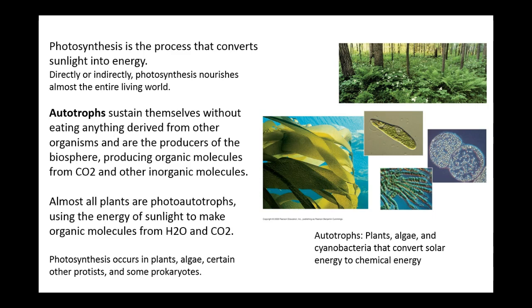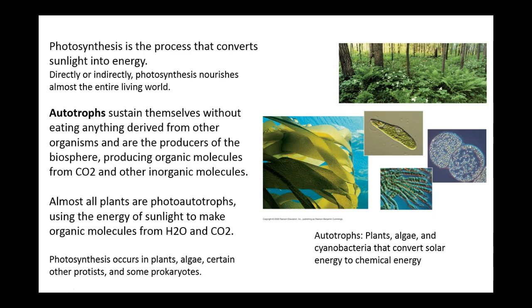The unfortunate thing about autotrophs is somebody else eats them, and that's nourishing the entire world. We consider plants photoautotrophs because they're feeding themselves, auto meaning self, and then troph meaning feeding. They're feeding themselves via light energy.